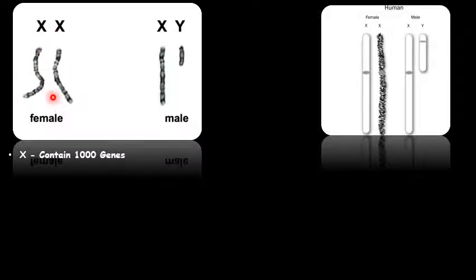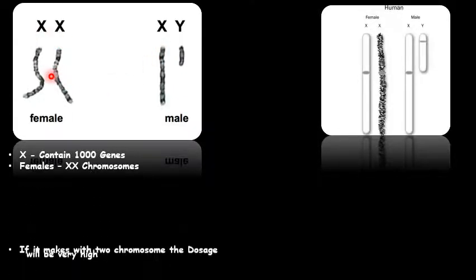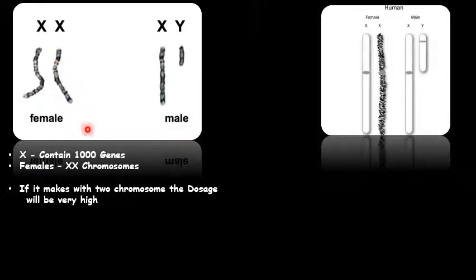It means we'll have double the genes in females when compared to males, because in females we have two X chromosomes, right? These 1,000 genes are responsible for producing lots of different proteins that code for different functions in the body altogether.